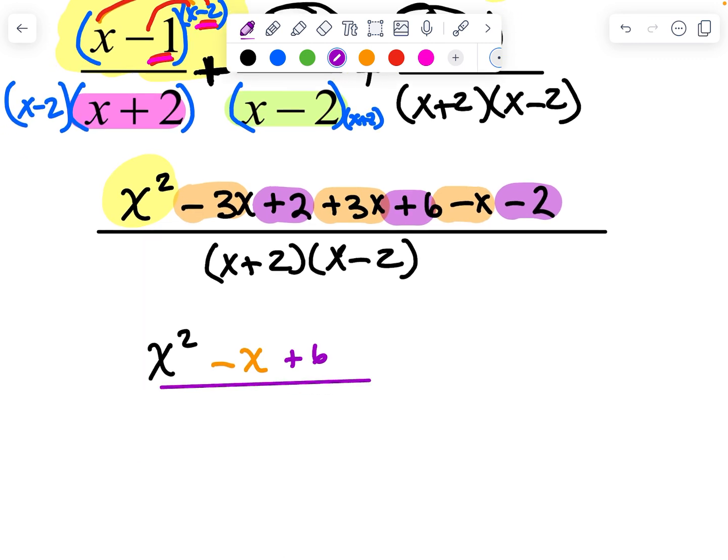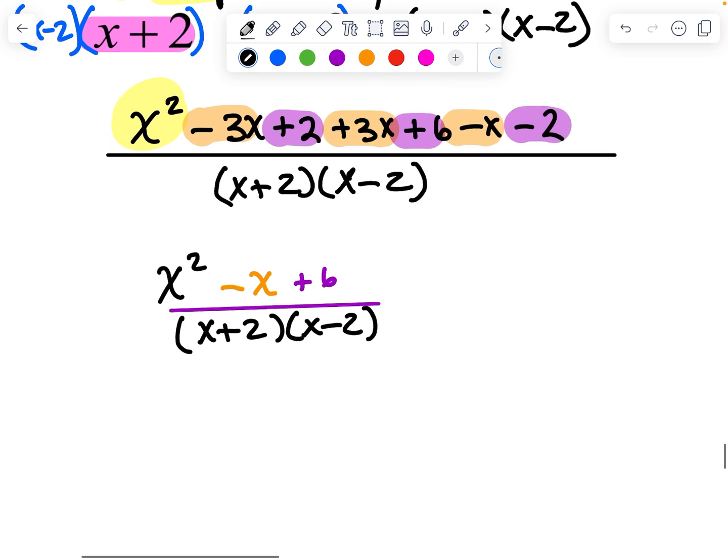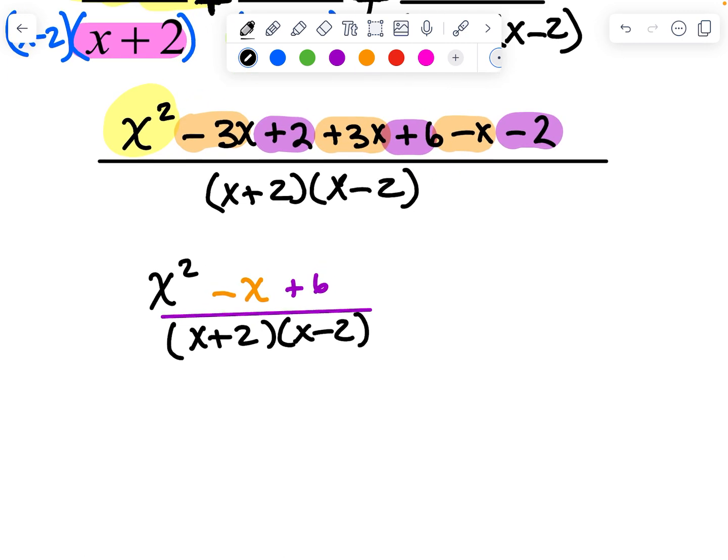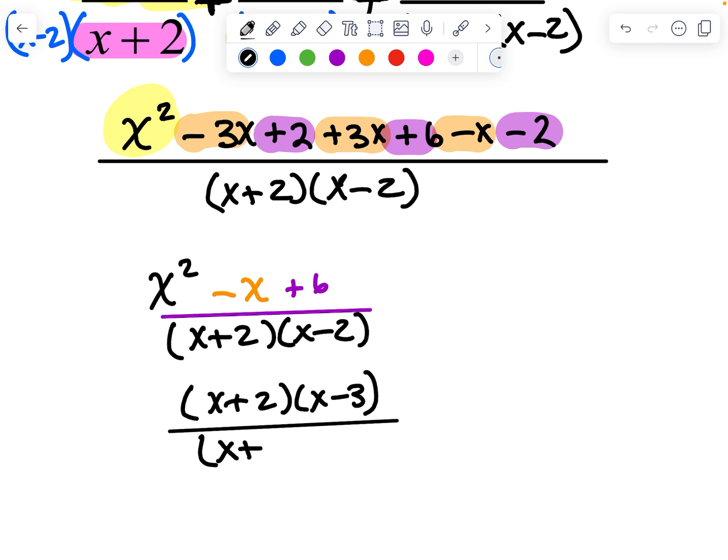Let's put the denominator back. The factors of 6 that add to negative 1 are 3 and negative 2. So that will factor to x plus 2, x minus 3, and the denominator is x plus 2, and x minus 3. No, x minus 2. Okay, I did that rather fast.